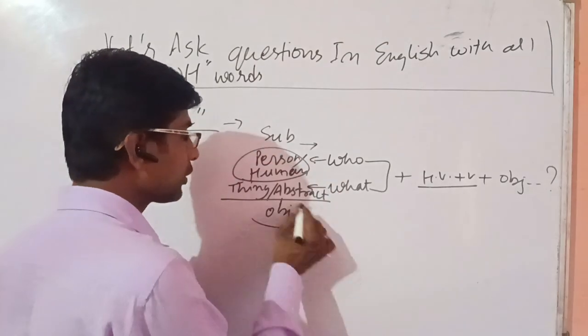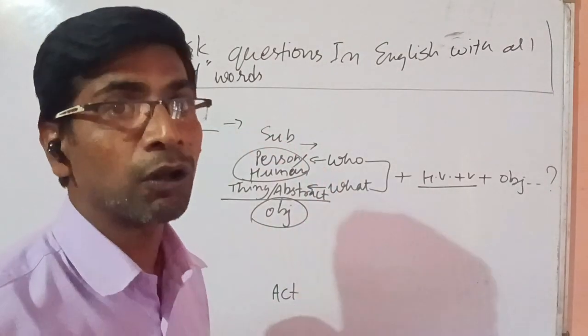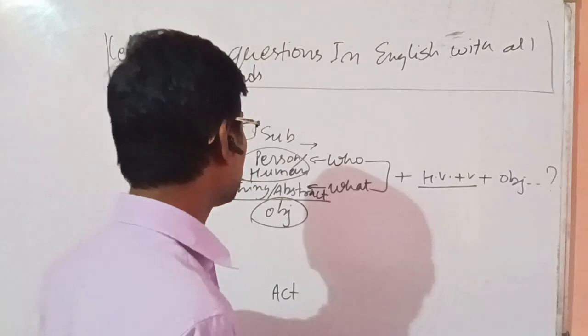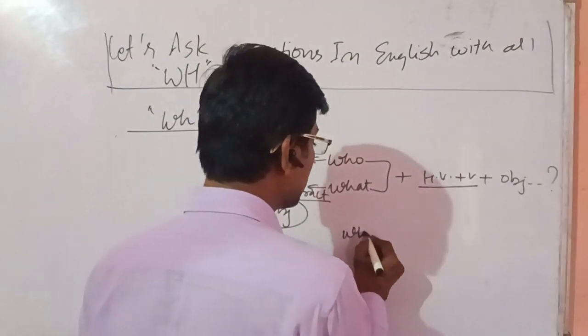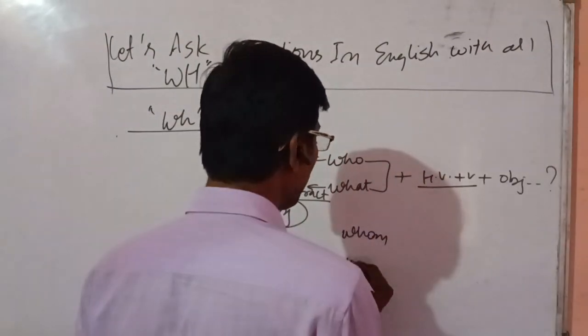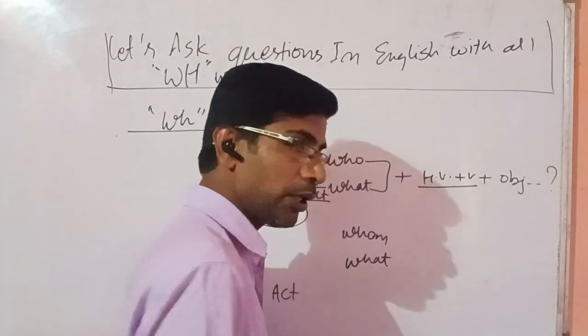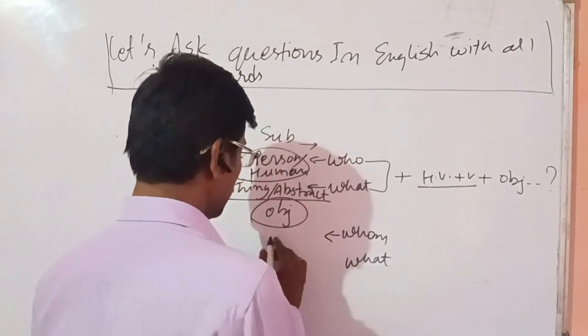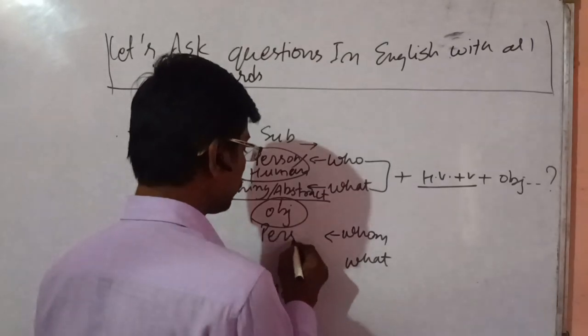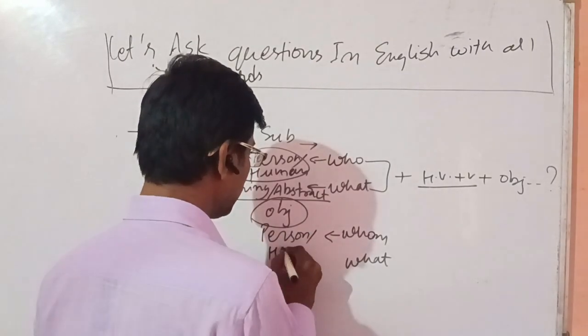Now the next one is to ask a question on the objective case. To ask a question on the objective case, we again have two words, whom and what. Whom is generally used to ask a question on a human or person.